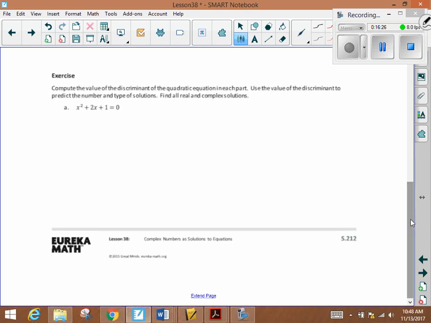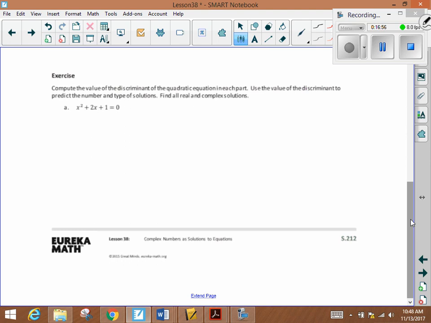All right, so let's calculate the discriminant of the quadratic equation. We use the value to predict the number of solutions, and then we'll find them all. So what's our discriminant?